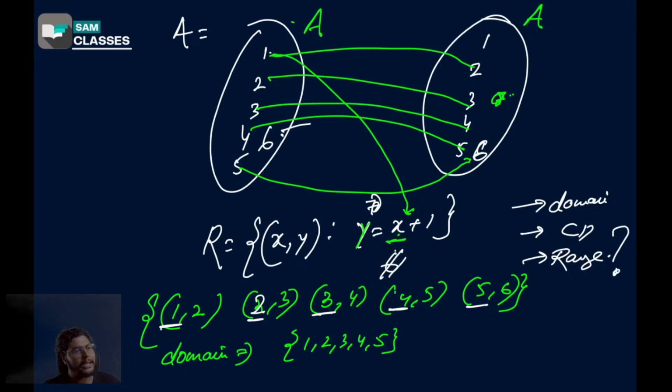The values which are taking part in the relation. Everybody tell it, what will be the domain? What will be the answer? Whole set A or 1 to 5?